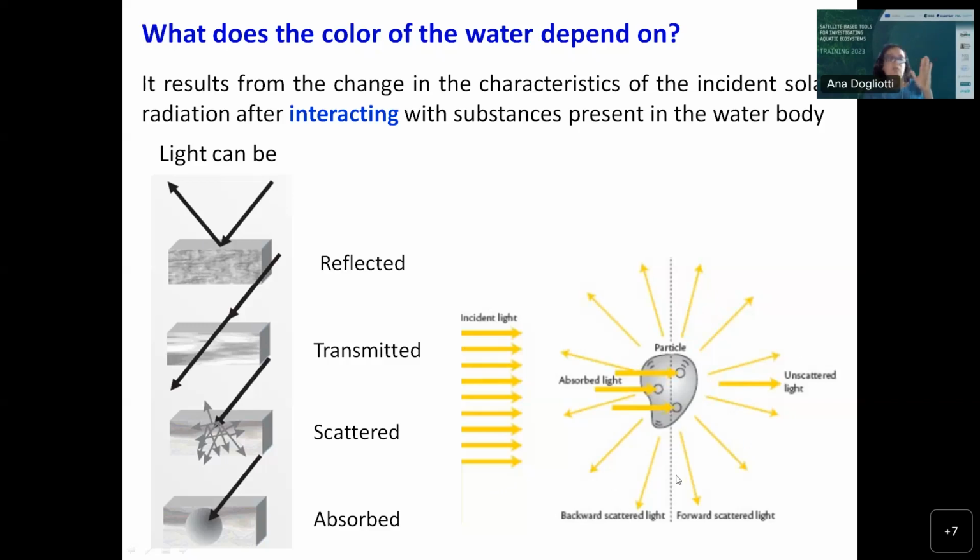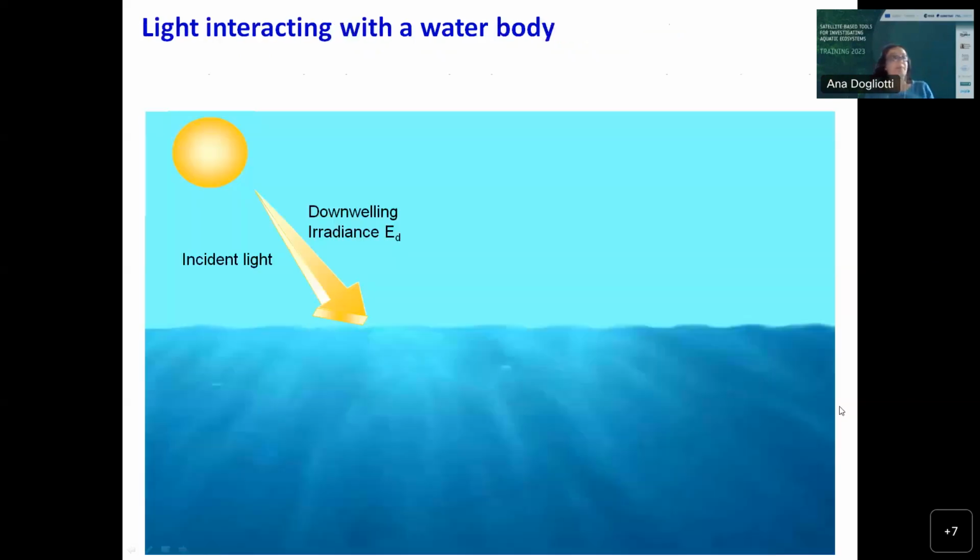We can divide it into what we call backscattered light, which is scattered in the backward direction, back to where the incident light comes from, and forward scattered light, or forward scattering, which is the part of the light scattered in the direction away from where the light comes from. The light can also be absorbed. And then we get unscattered light that goes through the particle.